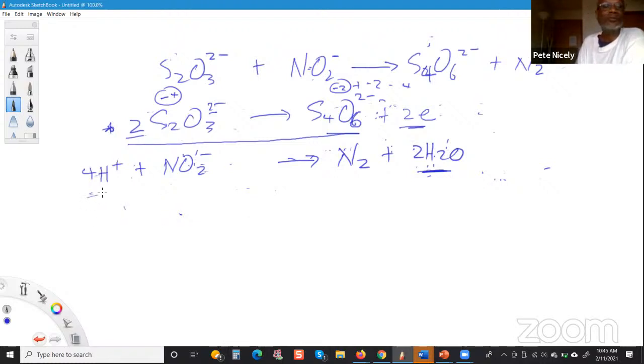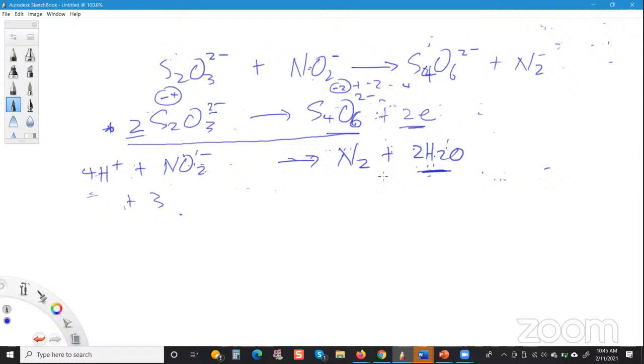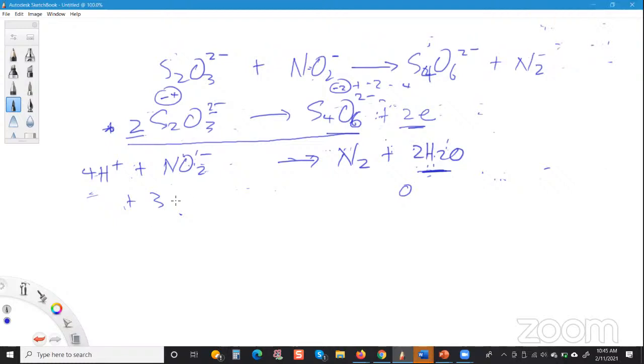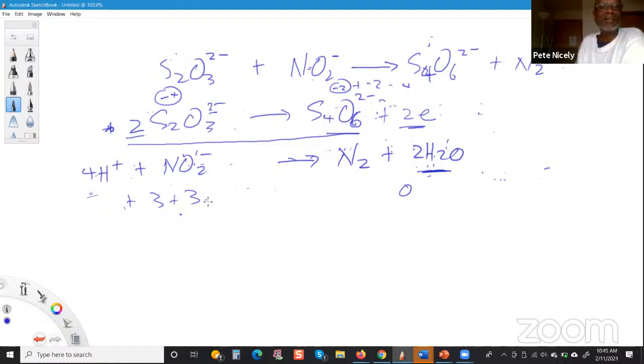How many charges do we have totally on the left side? Plus 3. And we have 0 on this side. So that means what? You need 3 electrons on the left side. Right, so that becomes minus 3. So 3 electrons on this side. Okay.